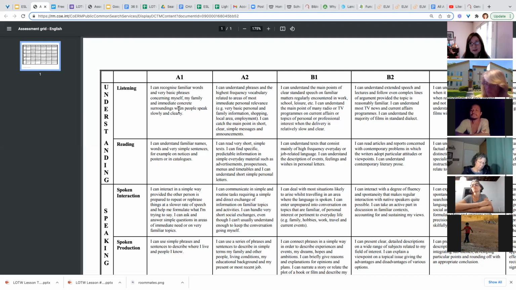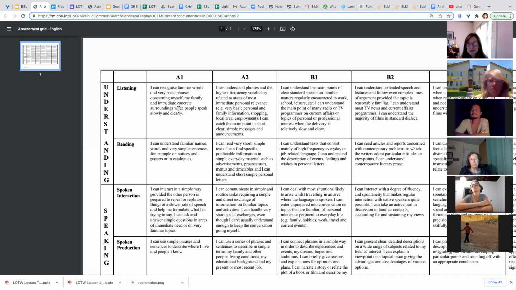And so students may be in a different place in those different skills. For example, for me in Spanish, I'm very good at listening to Spanish, and I'm very good at reading Spanish. So I'm probably at a pretty high level, maybe a C1 level when it comes to listening and to reading Spanish.